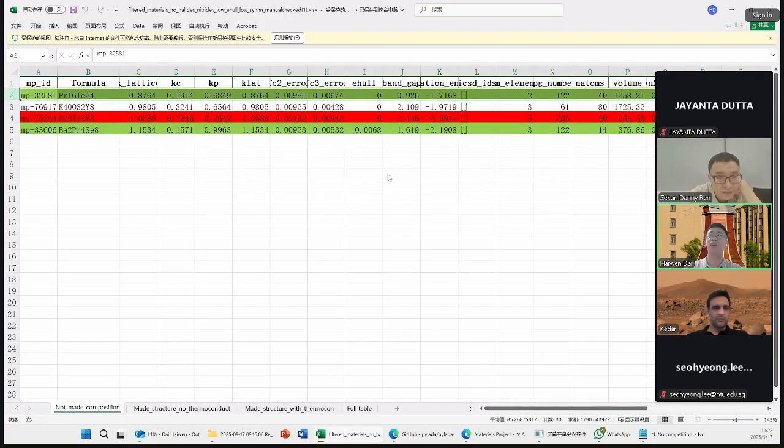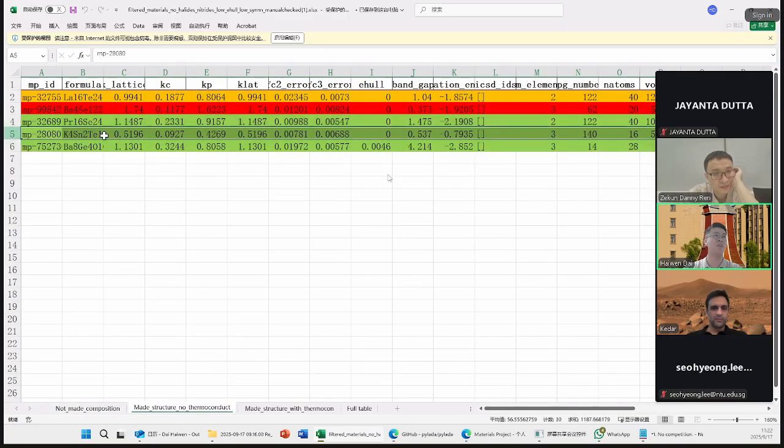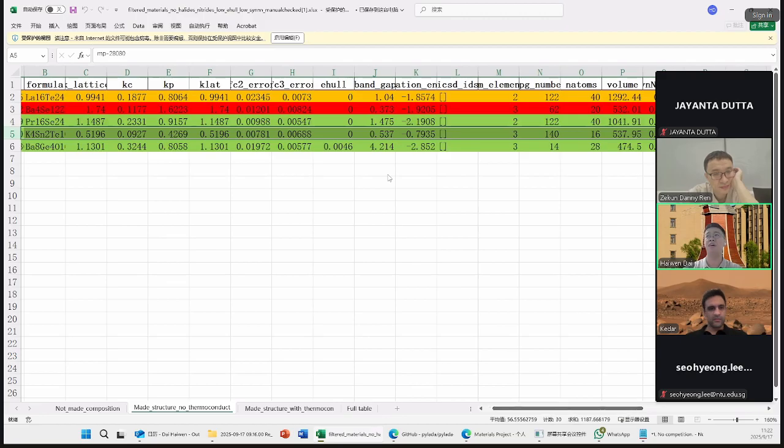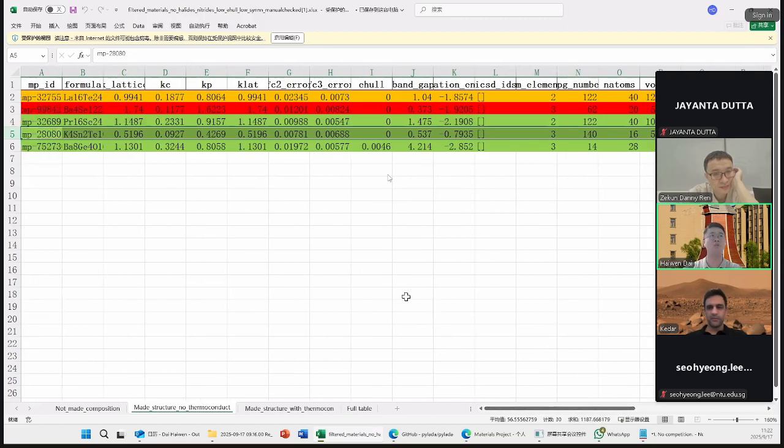The first green one is PR2TE3. Another one is PR2SC3. Another one is BAPRSC2. And we have another one, K2SNTE5, and BAGEO4. So in total there are 5.